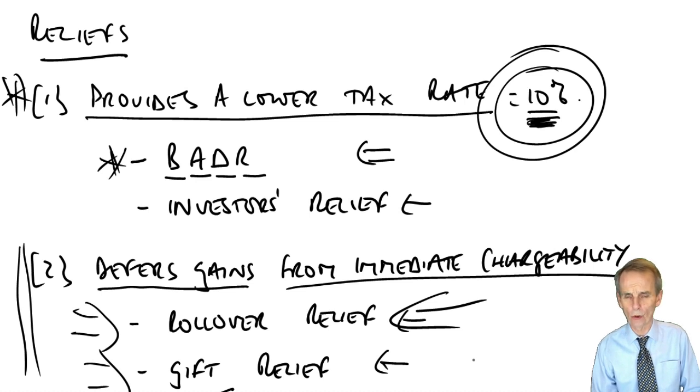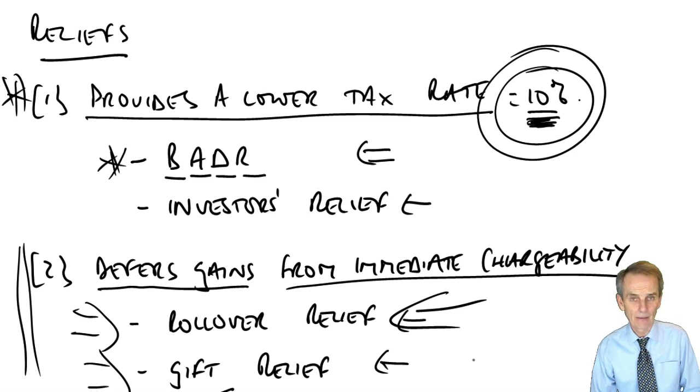Under the old entrepreneurs relief rules, you could go up to £10 million in your lifetime. Under the new rules, you can go up to just £1 million in your lifetime. Now, wouldn't we all love to make £1 million worth of gains? I'm sure we'd be very happy with that. But that has taken a rapid reduction from one year to the next. It's now just £1 million.